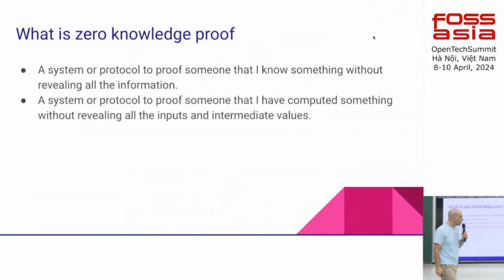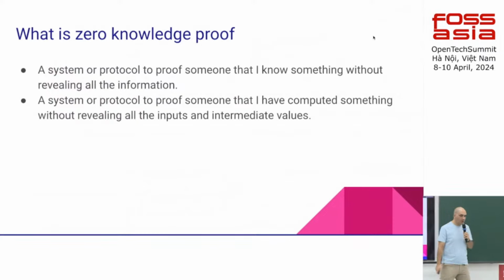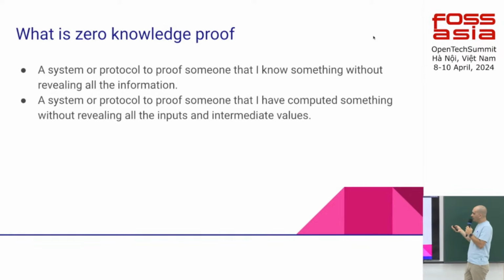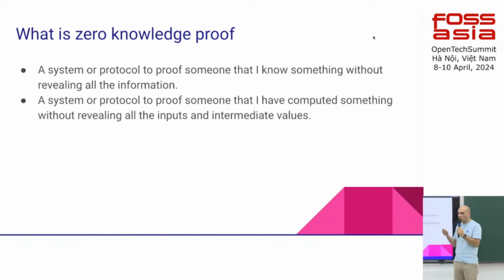Okay. So what is zero knowledge proof? If we want to explain it not from the cryptography it is based on, but from the point of view of what you can do with it: it's a system that allows you to prove that you know something without giving all the information about it.